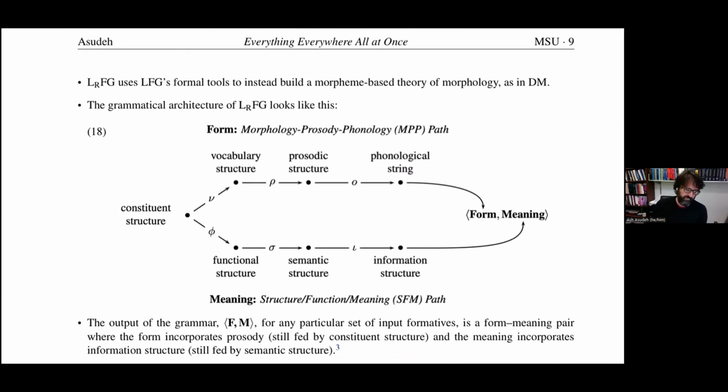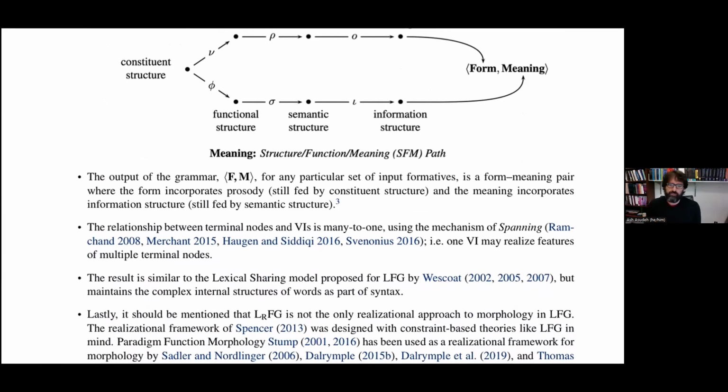Okay. So the output of the grammar, this pairing of form and meaning for any particular set of input formatives, is a form-meaning pair where the form incorporates prosody, still fed by constituent structure, as in other approaches to the syntax-prosody mapping in LFG. And the meaning incorporates information structure, still fed by semantic structure, as in other approaches to information structure in LFG.